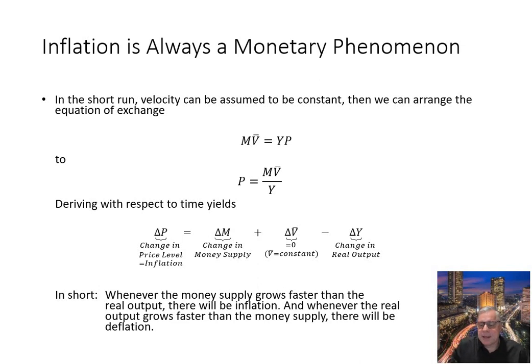So we start again with our Cambridge equation, which says the money supply times its velocity equals real output times the price level. Okay, but I'm interested in the price level. So the price level is equal to M times V over Y. So now I want to differentiate that, and I want to say, a small change in the price level.